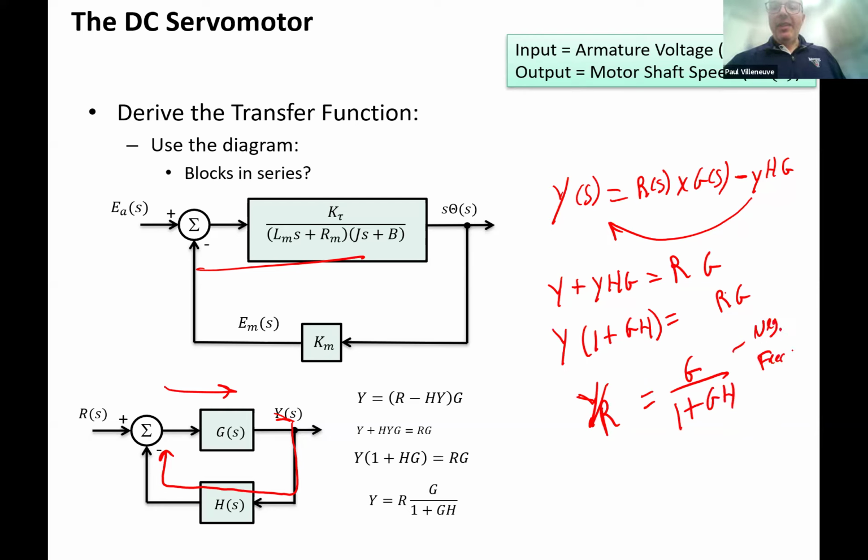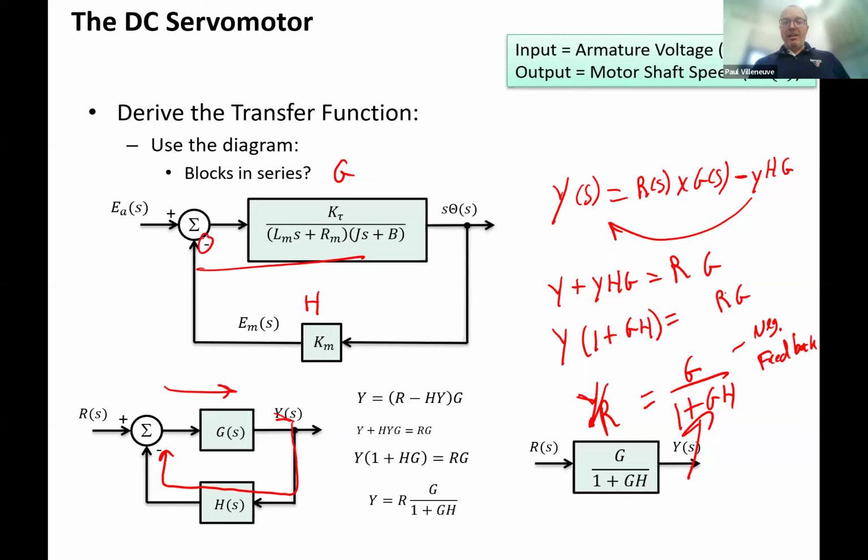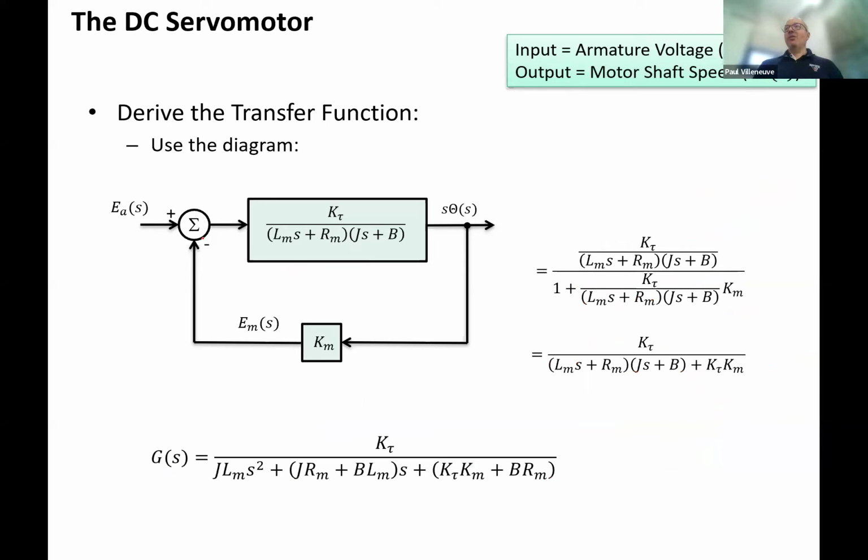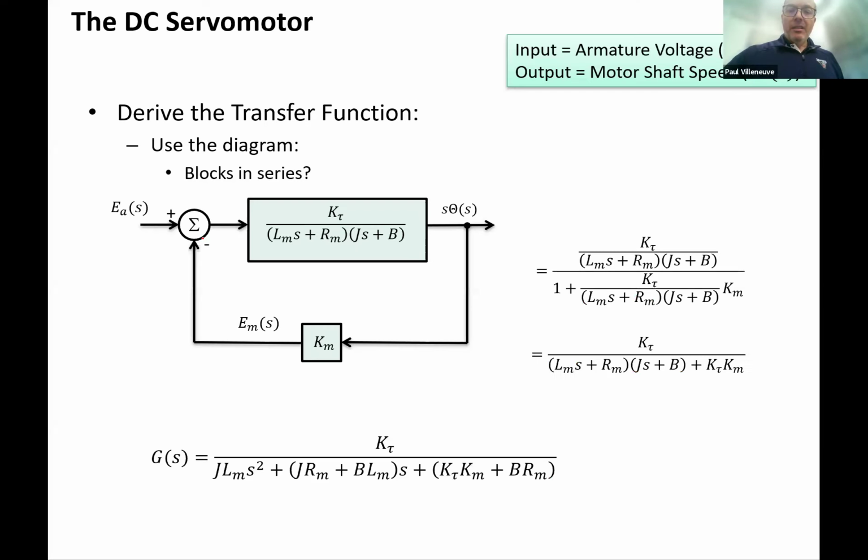And we'll be doing that a lot this semester, trying to understand that. So if you have this block here, this is my H term, that's my G term. You plug it into that, and that's how you can do it for this negative feedback block. So here's my block diagram, becomes G over 1 plus GH. So again, do some math, and we end up with my overall transfer function here.